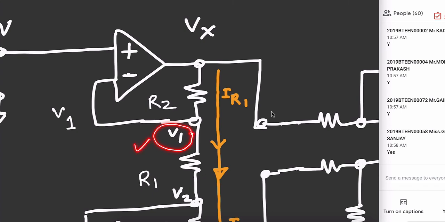Yes, it is V1 because it is given at the input. Do you know this current? Yes, we know this current because it is decided by V1, V2 and this resistance. V1 is known, V2 is known and this resistance is also known. So current is known. The same current is flowing. So now this voltage is known, current is known, so the drop is known. If the drop is known, then we can find out this voltage. Yes or no?